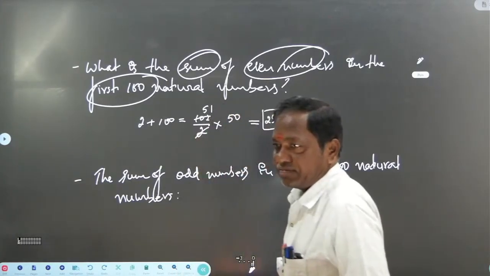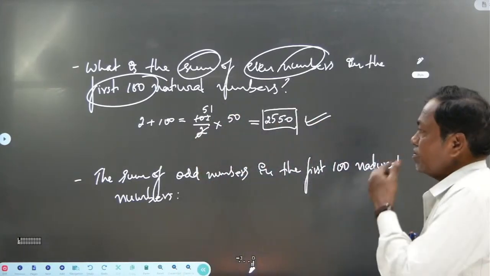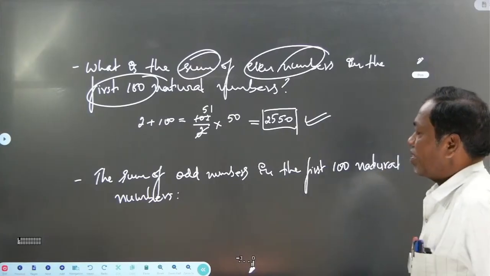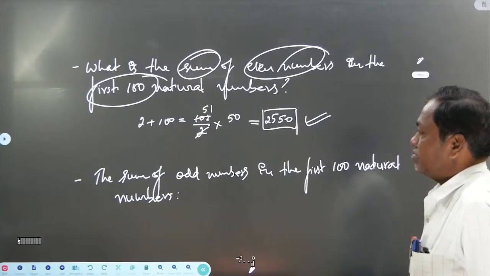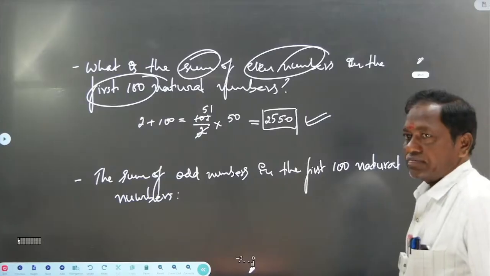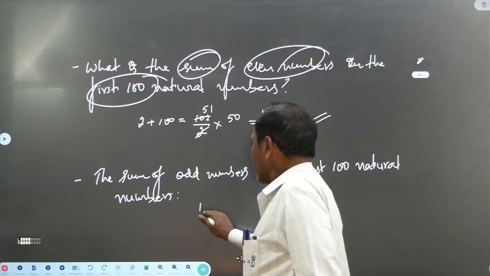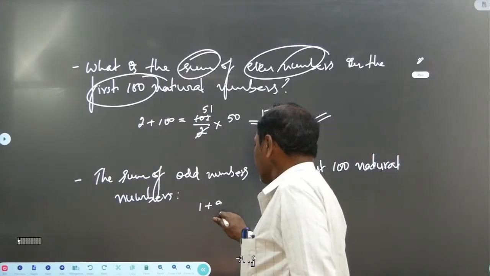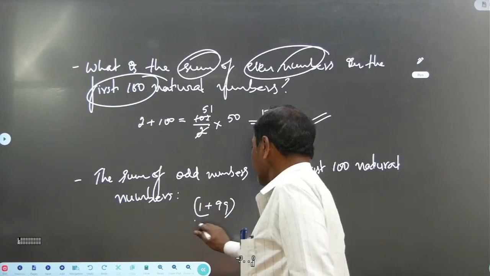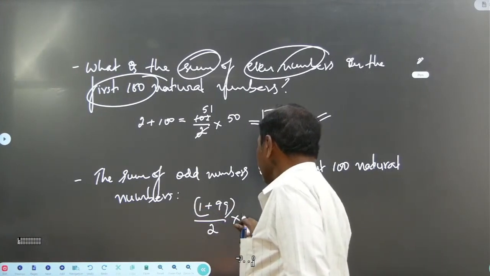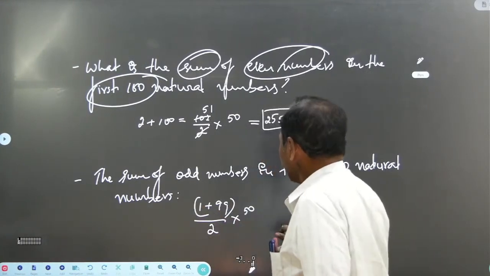What can you do here? 1 plus 99 by 2 into 50.